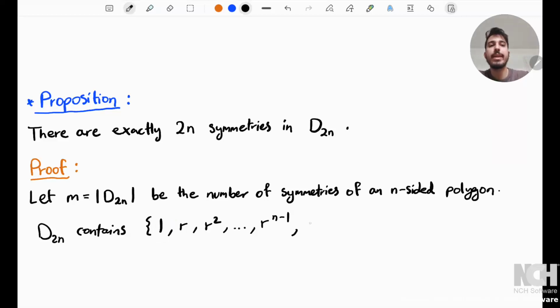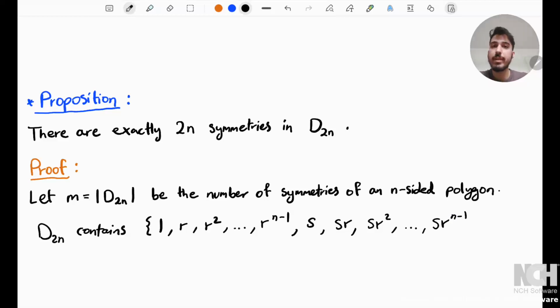The first one being S, a reflection. The second being S R, and I know for a fact, because of the previous proposition, that S R is not equal to any of the symmetries found earlier. And I can continue: S R squared, and S R cubed, and S R to the 4, all the way to S R to the n minus 1.